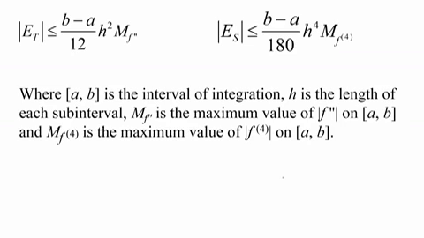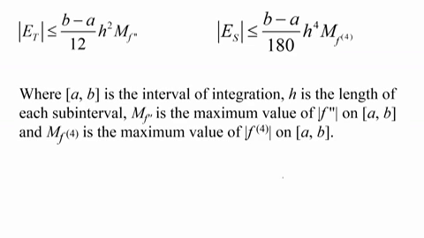Where the closed interval from a to b is the interval of integration, h is the length of each subinterval, M sub f double prime is the maximum value of the absolute value of the second derivative on that interval a to b, and M sub f to the 4 is the maximum value of the absolute value of the 4th derivative function on that interval from a to b.